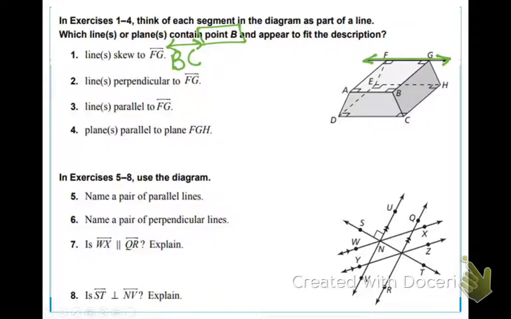Yes, they intersect and they form 90 degrees. Good. So we're looking for a line on the same plane that intersects and forms 90 degrees that includes point B. BG. Good. Or GB. Same thing.